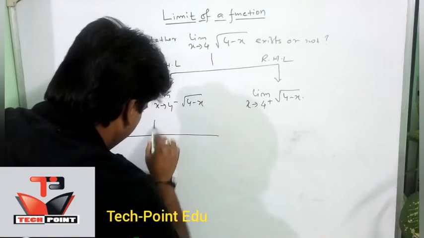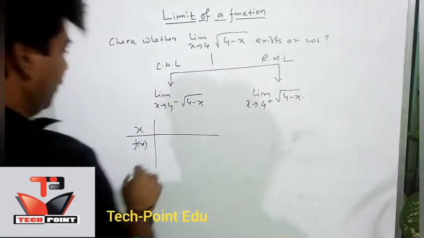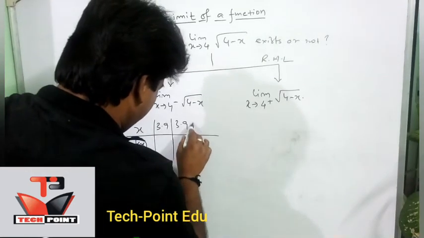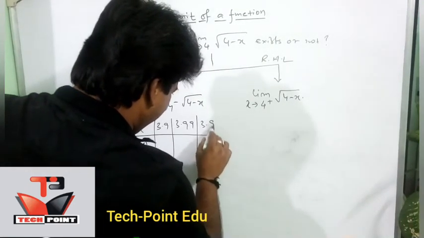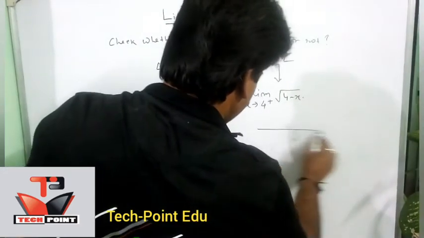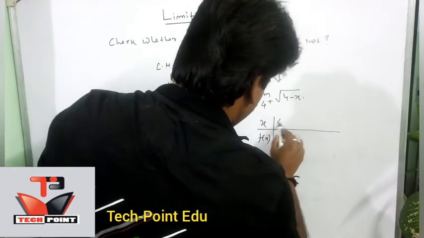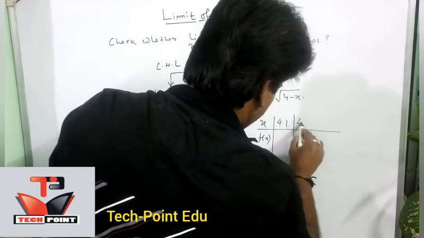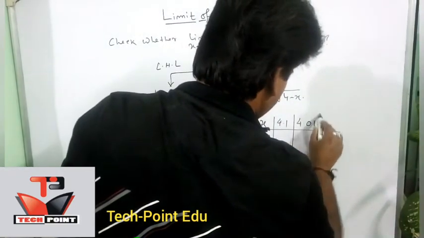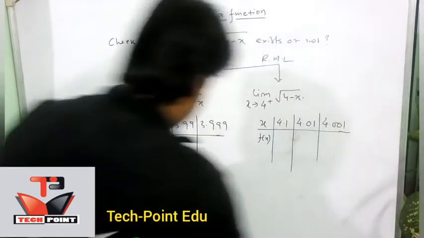You have to find values of x and f of x. Suppose I am taking 3.9, 3.99, 3.999 in that way, and on the other side x as 4.1, 4.01, 4.001 in that way.